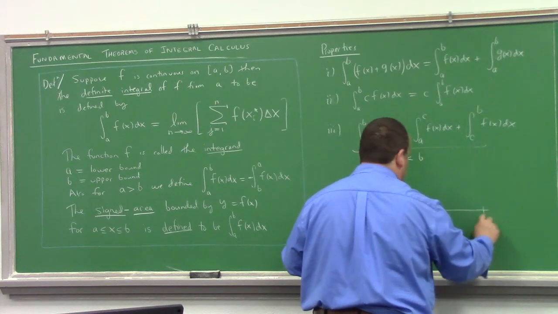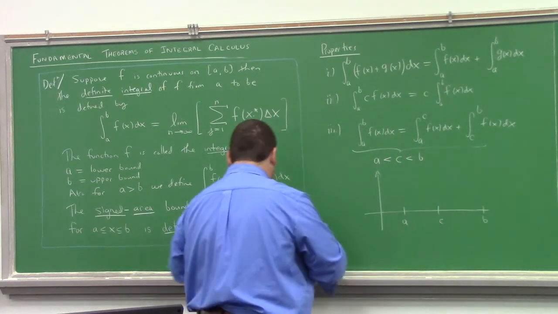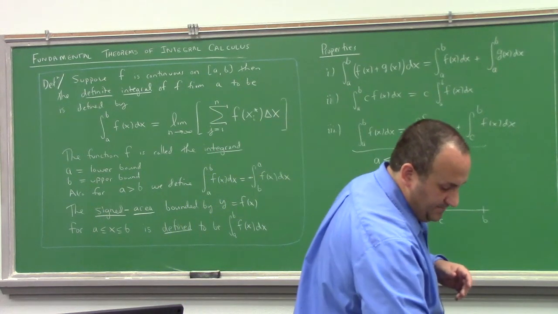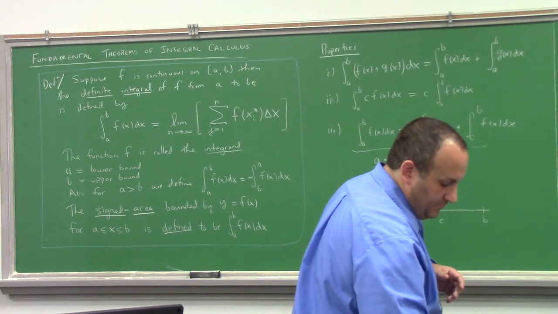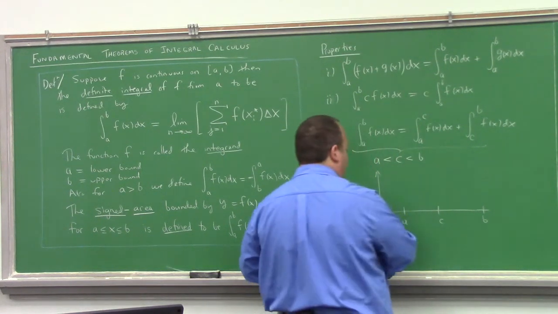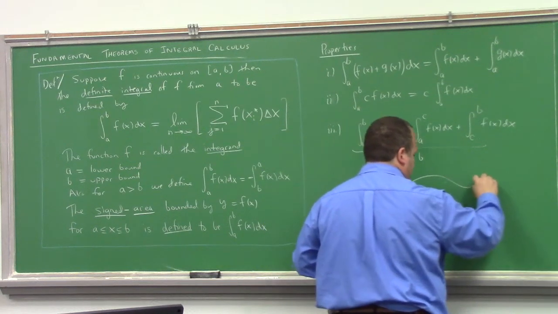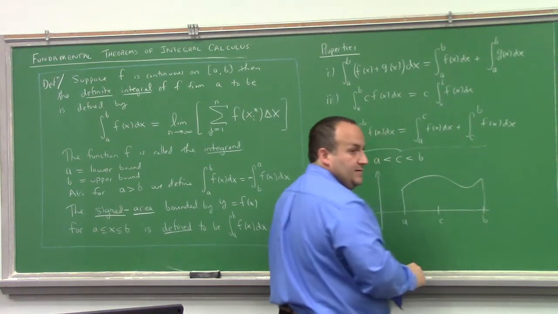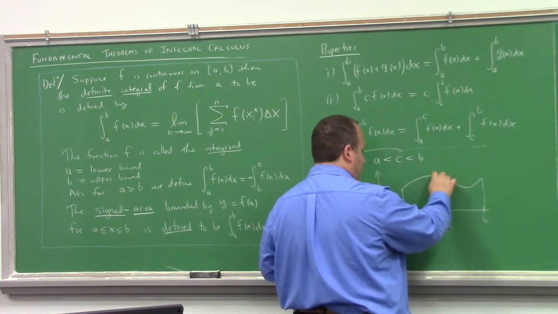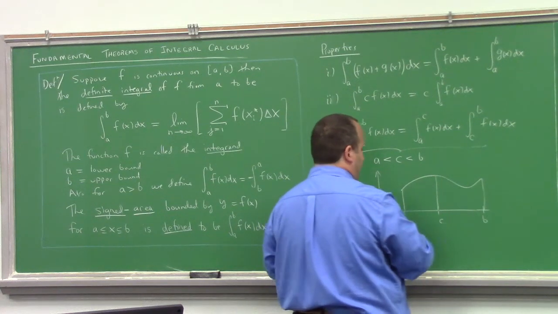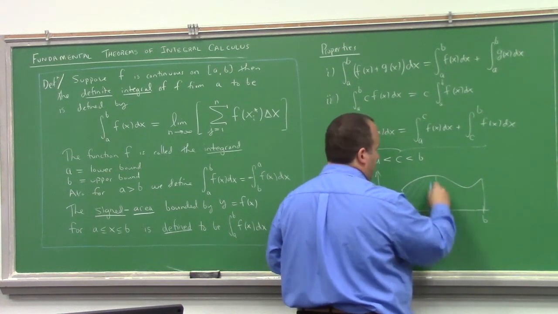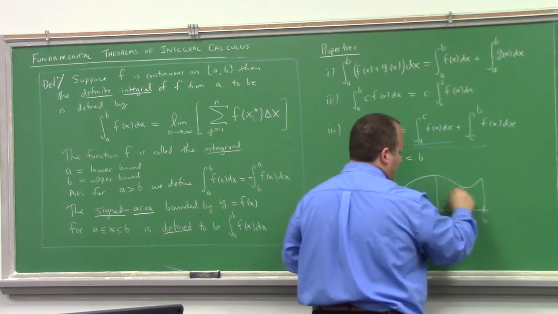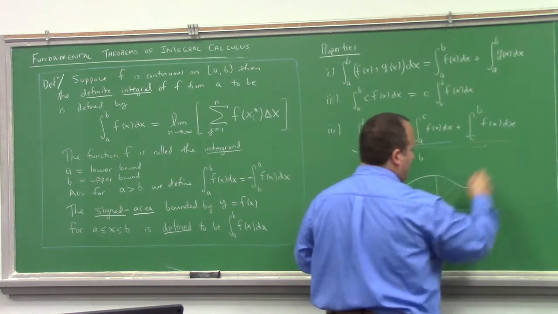So what item 3 here is saying is that the signed area under the graph of the function from A to B, and I'll keep the function positive just for the sake of the signed area actually being area, can be broken up into 2 pieces, namely the integral from A to C, which is this piece, plus the integral from C to B, which is that piece.